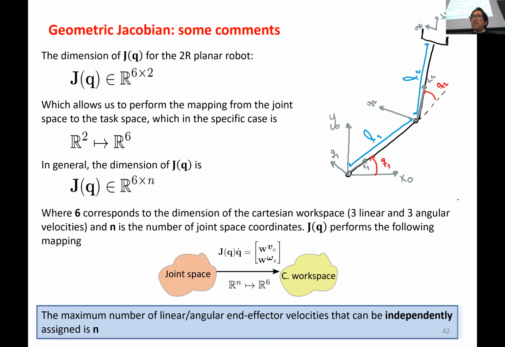But just keep in mind that if you only have two degrees of freedom, you can only assign two end effector velocities independently. So for example, we cannot simultaneously assign the velocity of x, the velocity of y, and the rotation rate of the end effector. We can only assign 2 of them at the same time because we only have 2 joint space variables. Okay, so if there are no questions, we can take a break now.